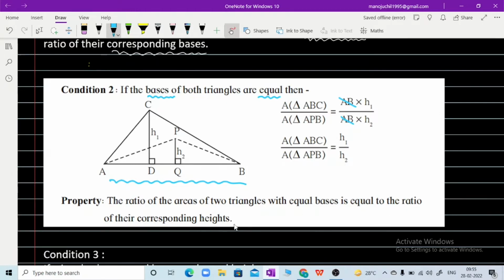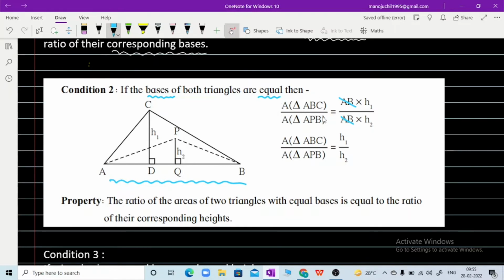I repeat once again, the ratio of areas of two triangles with equal bases is equal to the ratio of their corresponding heights.